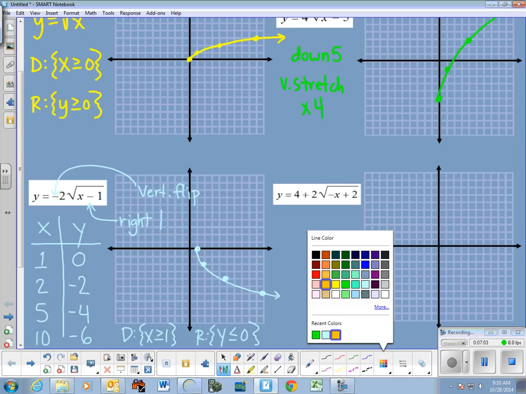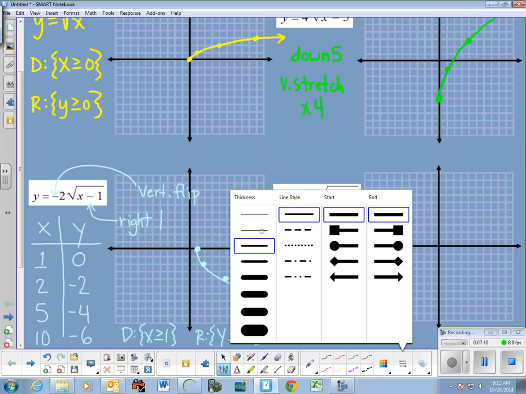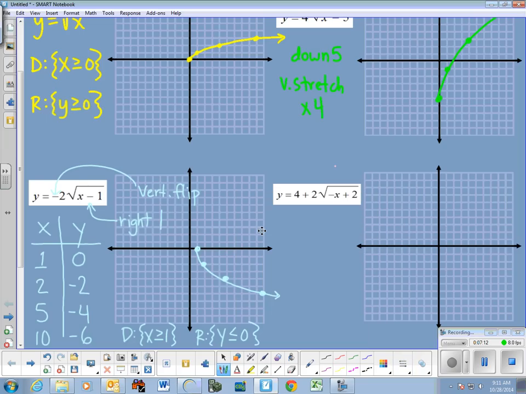So let's start with this. When you have x with something in front of it, whether that's just a negative sign or a coefficient, you need to get that coefficient off of the x to interpret what your translations are going to be.